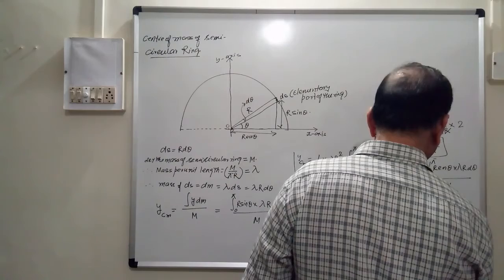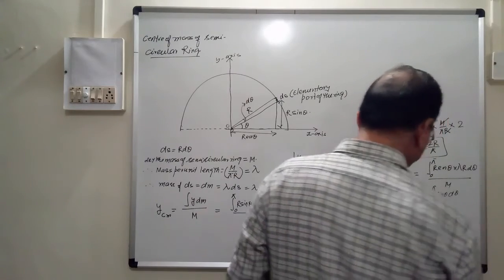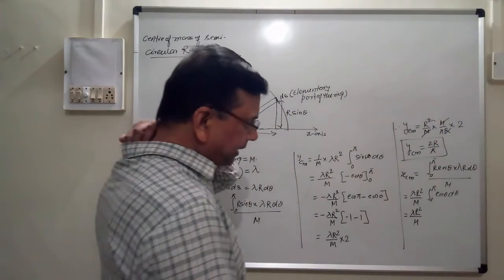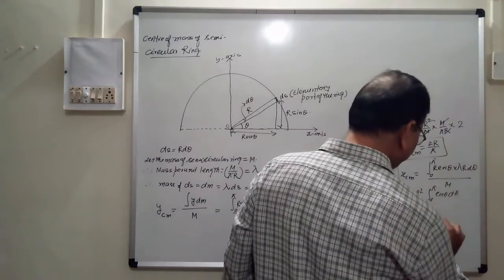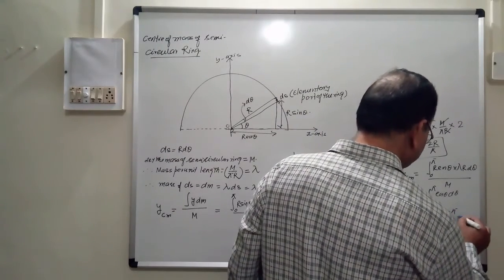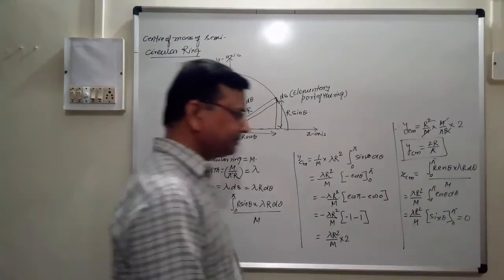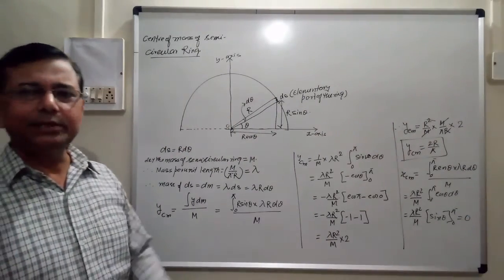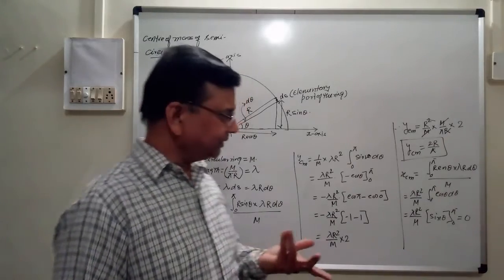Integrating cos theta gives sin theta from 0 to pi, which is equal to 0, because sin pi is 0 and sin 0 is 0.